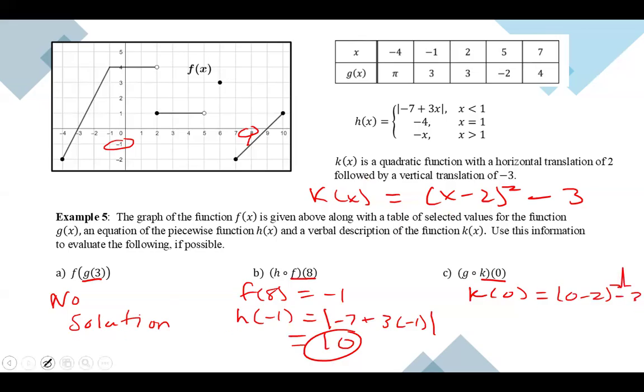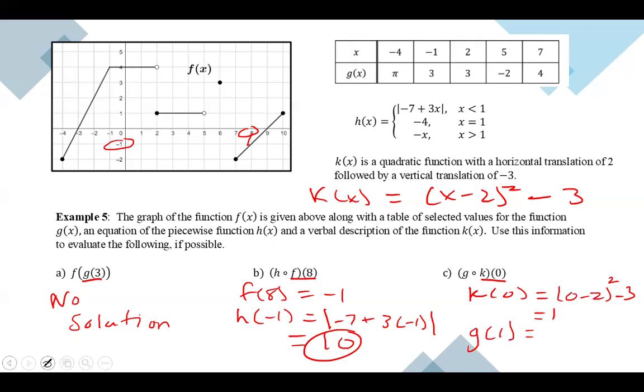Oh, that got weird. Okay, that gives us what? 1. Because -2 squared is 4. 4 minus 3 is 1. So now we're looking for g of 1.